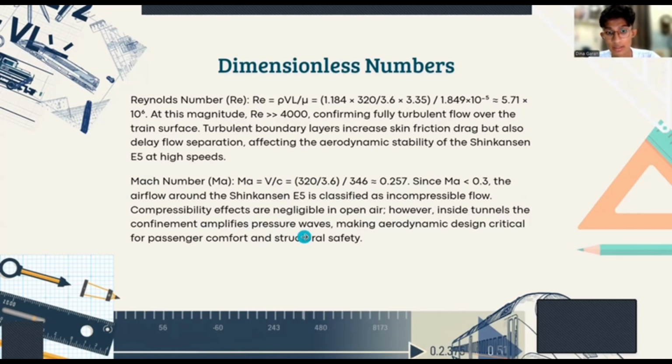Compressibility effects are negligible in open air. However, inside the tunnel, the confinement amplifies pressure waves, making aerodynamic design critical for passenger comfort and structural safety. So we move on to the next part.